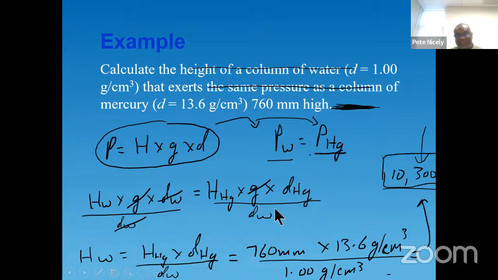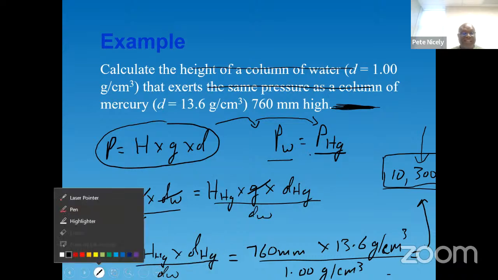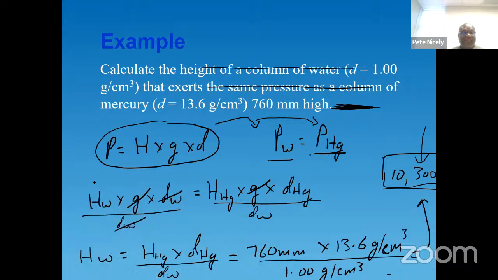All right. Then what I would do is cancel out the acceleration due to gravity because it's the same on both sides. And then I would divide both sides by the density of water, because what I'm trying to end up with on one side here is the height of the water column, right? So this here will cancel out with this, and I'm going to end up with this expression right here.